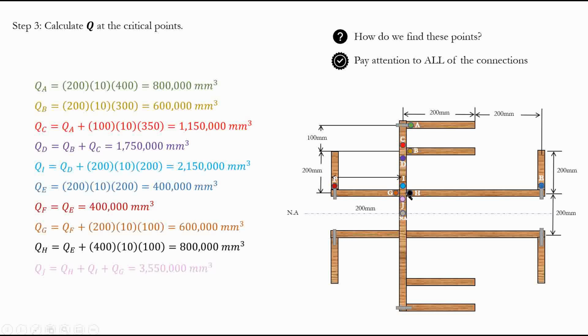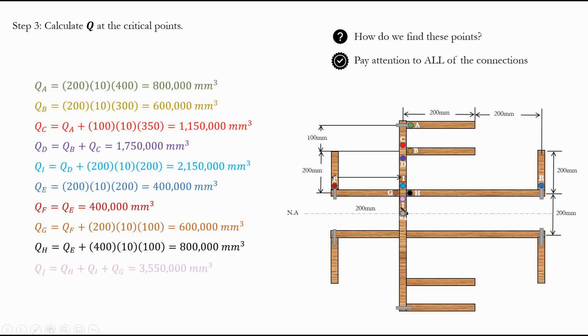What about QJ, which is just below the web connection? Just below the connection of the flanges. So it would be the area of the whole thing just above. Point J is just below this connection, not at the neutral axis. So this is the contribution: the segment at the top and the segment on the left. But we know the Q of all of those segments.